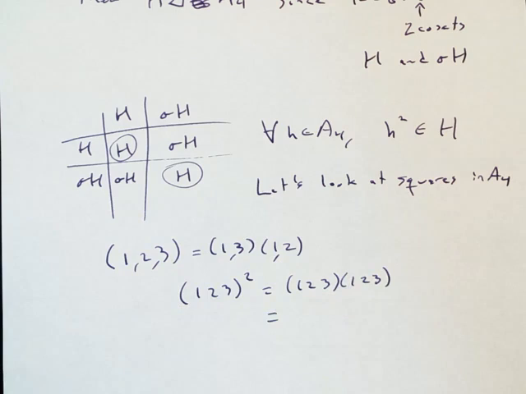Tell me what you get. (3 1 2) is the same as what I started with. If I write (3 1 2), then 3 goes to 1, 1 goes to 2, 2 goes to 3. Isn't that the same as this?